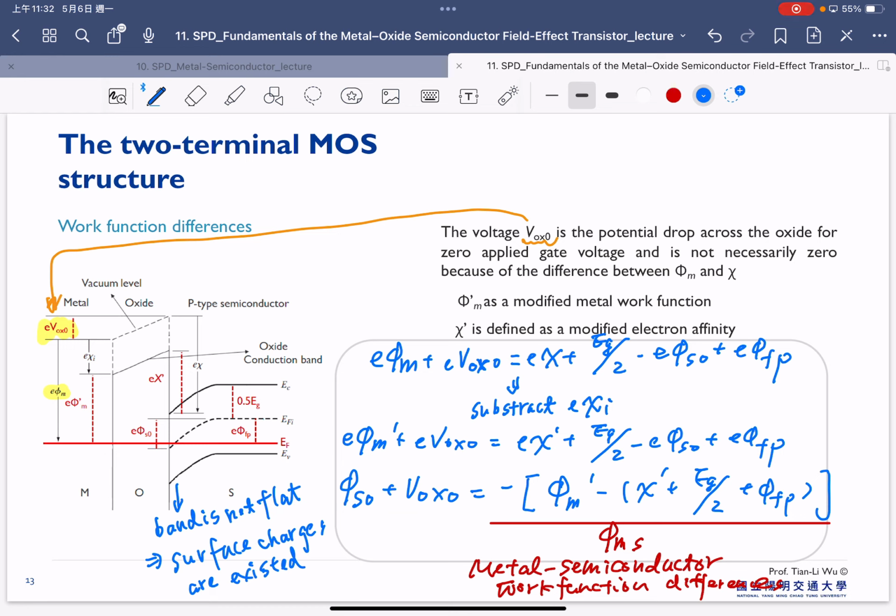So when we consider the MOS system, because of the metal and semiconductor work function difference, even when we don't apply any bias, there is already band bending at the semiconductor interface. That means we already have surface charge here. That's why we have to estimate phi ms, because phi ms is the key that in the end leads to this band bending.